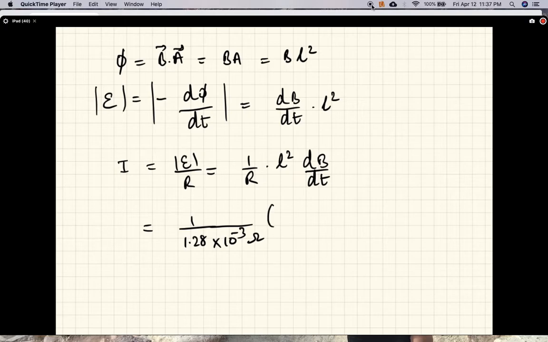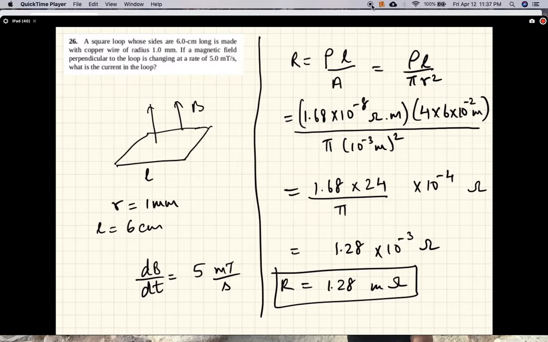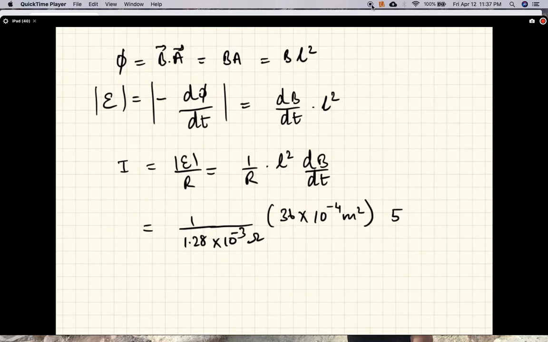L squared is 36 centimeters squared, which is 36 times 10 to the minus 4 meters squared, and dB by dt is 5 millitesla, 5 times 10 to the minus 3 tesla per second. They're all in SI units, so they should combine to give you amperes.